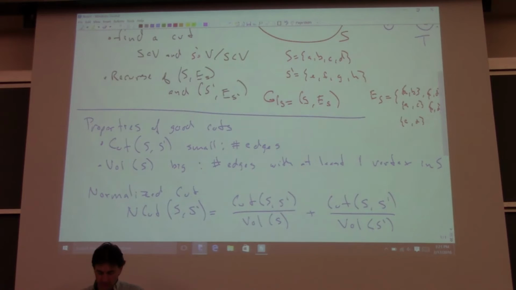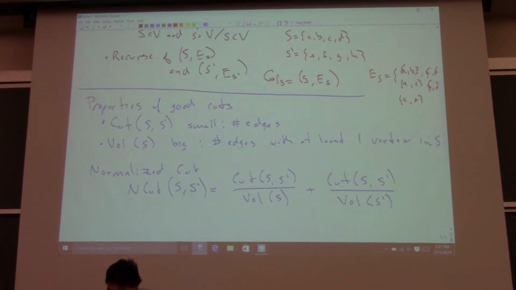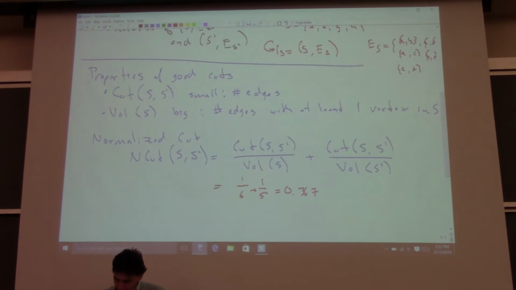Remember, it's going to be 1 over 6 and 1 over 5. Yeah, right, so the cut size is 1, so for S and S prime it's 1 over 6 plus 1 over 5, and this turns out to be something like 0.367.